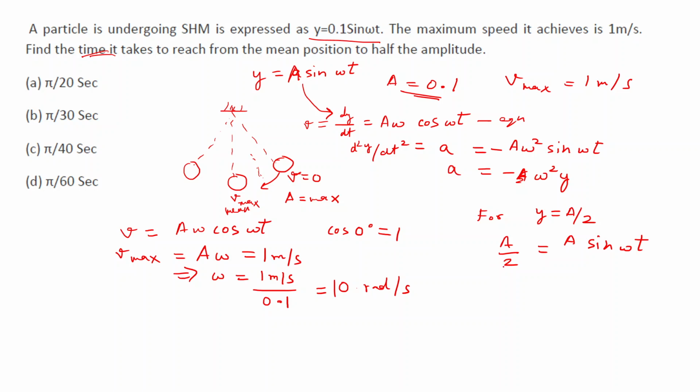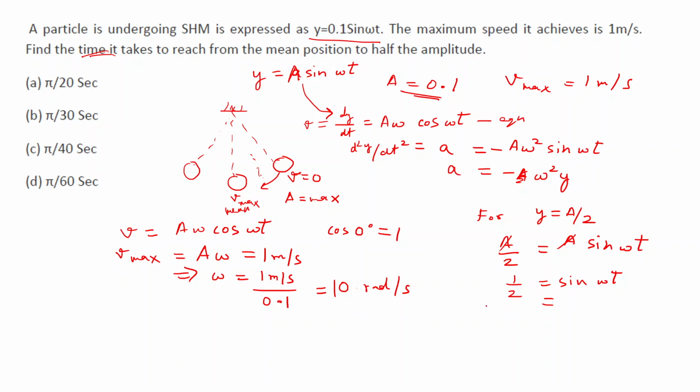A we know, this will get cancelled, that means half is equal to sine omega t. Omega we already have calculated, it is 10, but wait, let me do it.